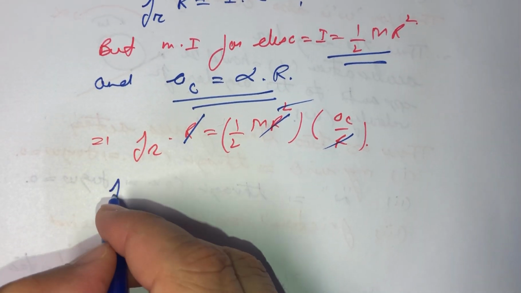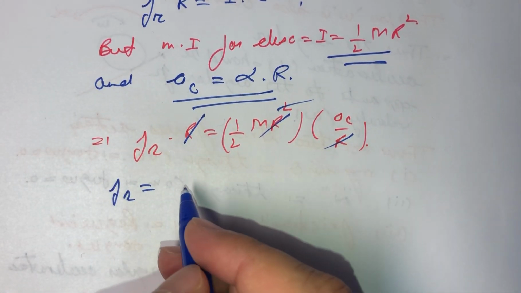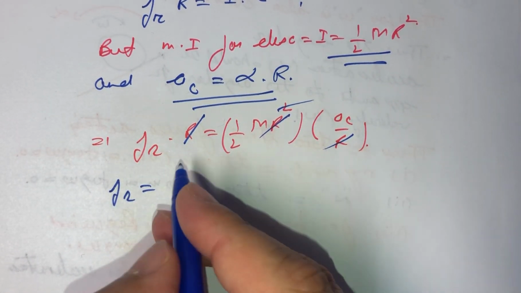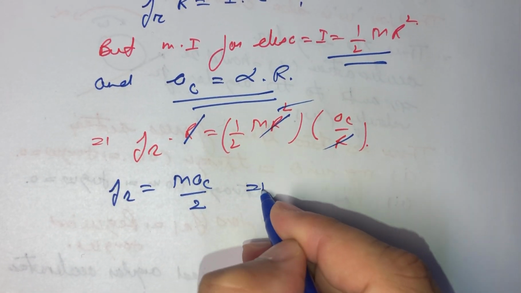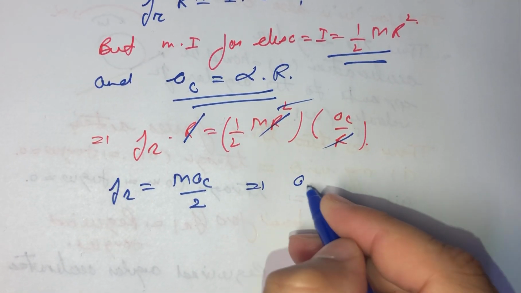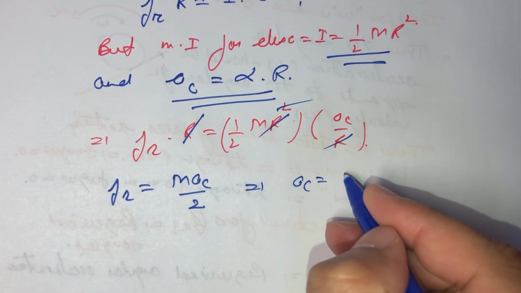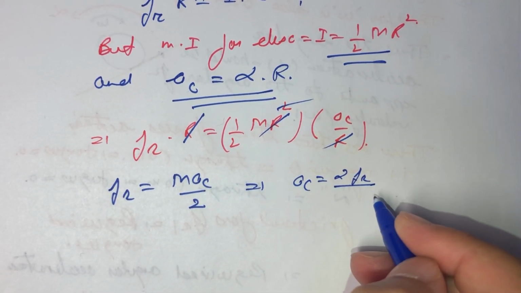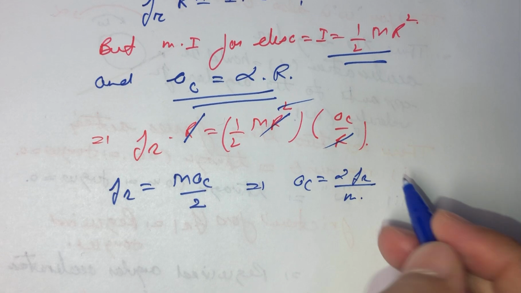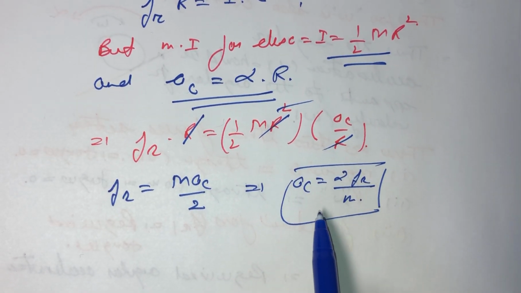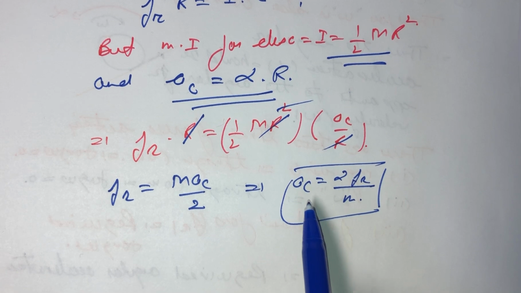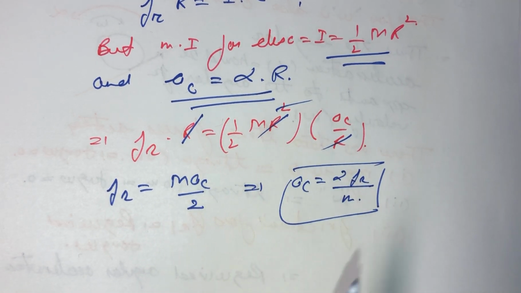So we get Fr is equal to m AC divided by 2. From here we can say our AC is equal to 2Fr divided by m. So now we are going to substitute the value of acceleration for the center of mass in equation number 2.